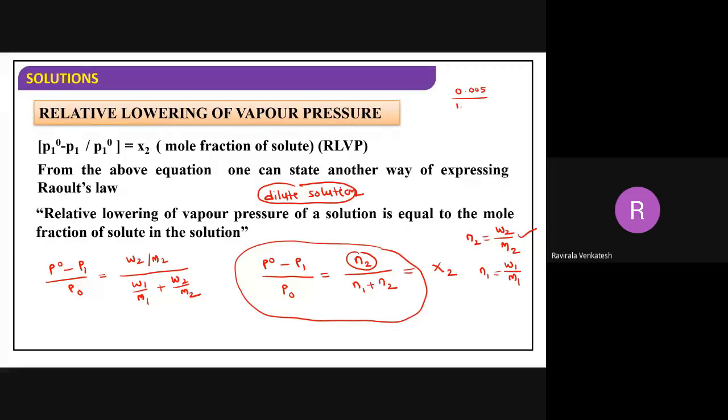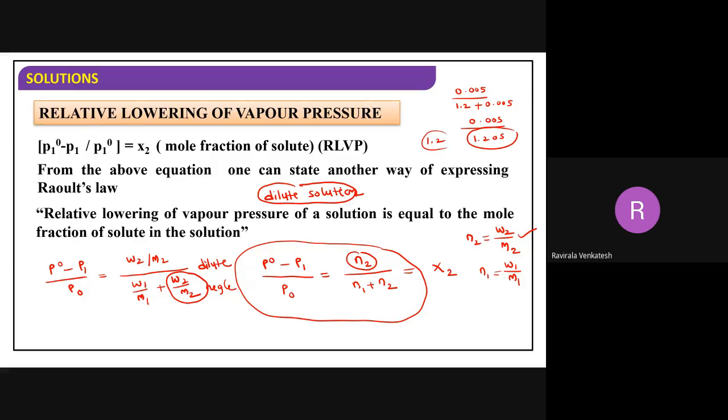N1 is something like 1.2 moles, and N2 is 0.005. If I add them, we get 1.205. The difference between 1.2 and 1.205 is not much. That is the reason, since this is a dilute solution, we neglect this value.